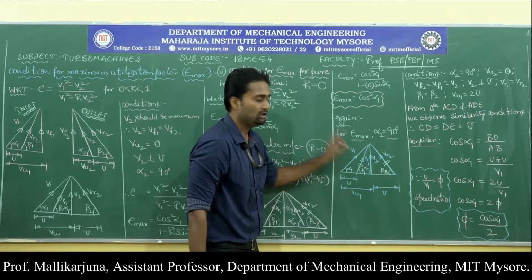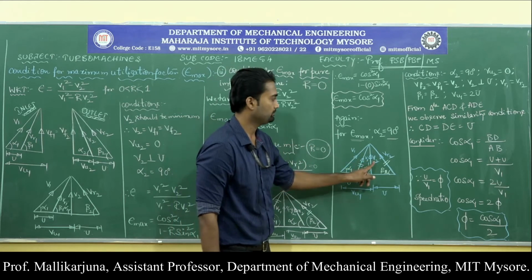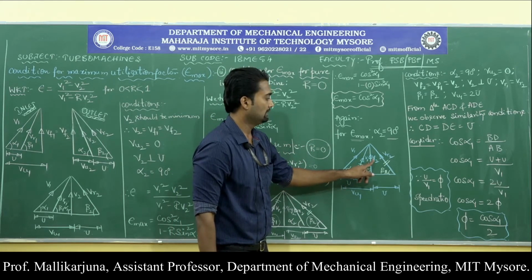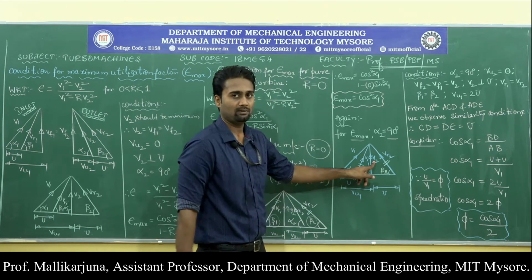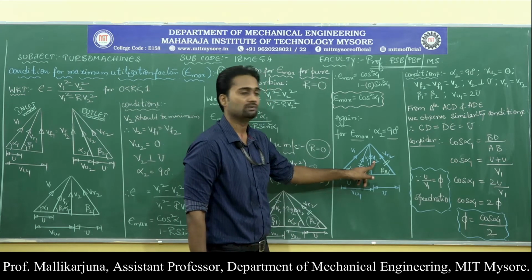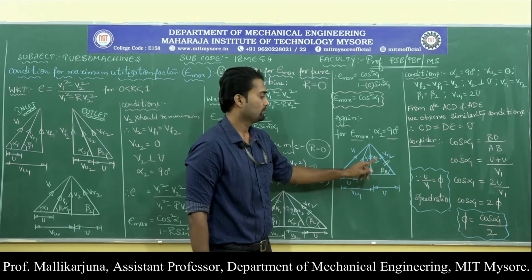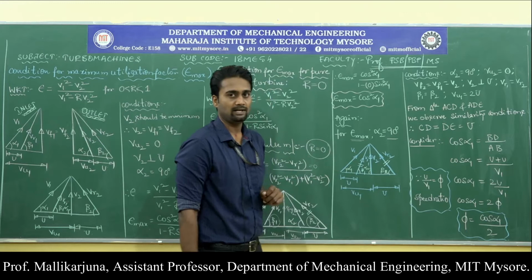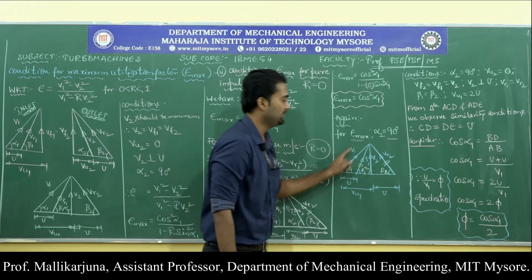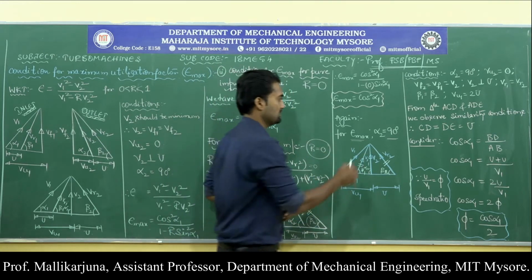The inlet velocity triangle will not be altered, and this V2 has been overlapped on Vf1 as well as Vf2. So alpha 2 becomes 90 degrees. Let me name the triangle so that you can easily understand.